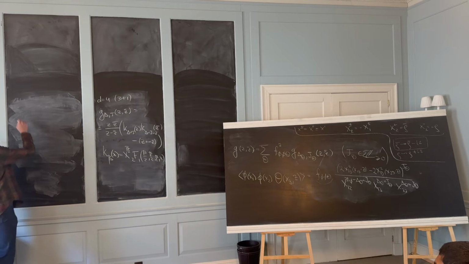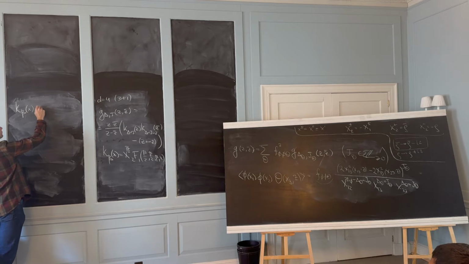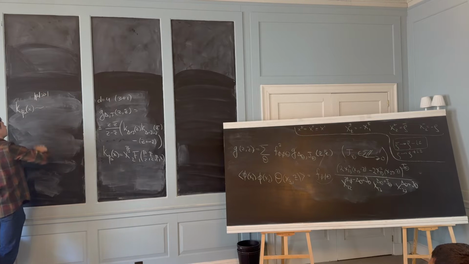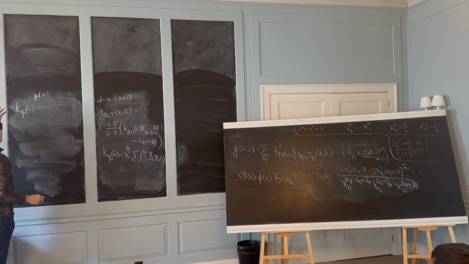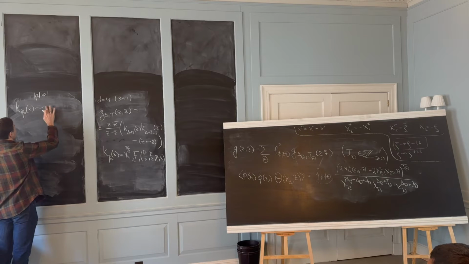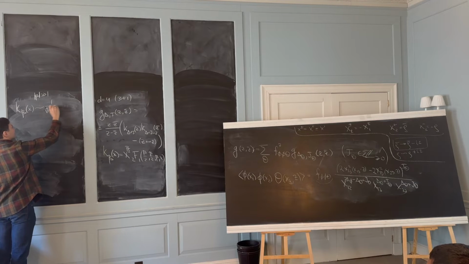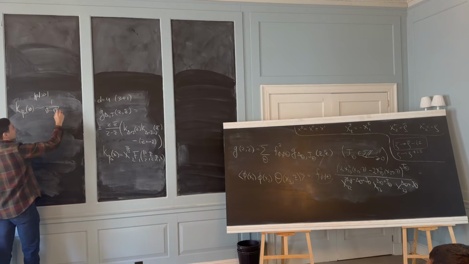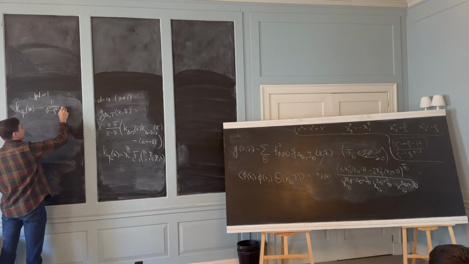So I wanted to give this result: k beta at large beta, where beta can be in principle any complex number, just large enough. k beta of z gives us 1 over square root of 1 minus rho squared, so let me write it: k beta of z is (4 rho) to the power of beta, divided by square root of 1 minus rho squared.